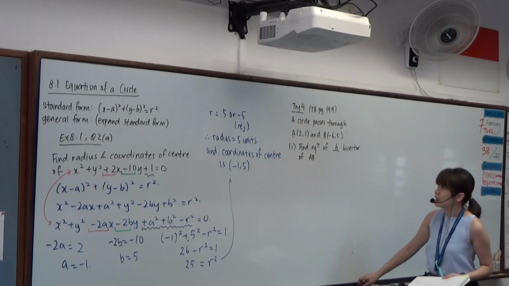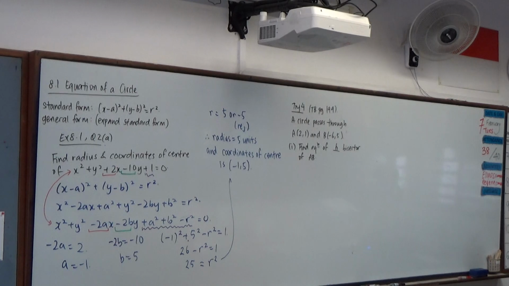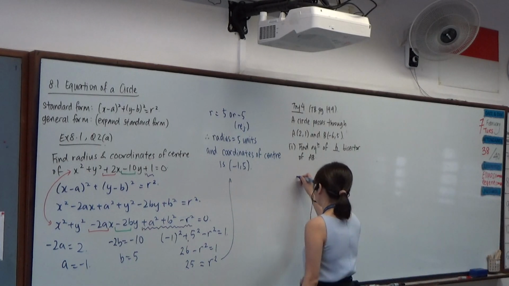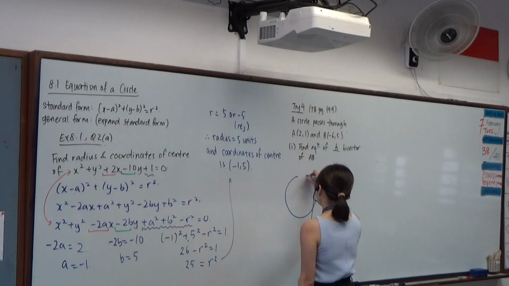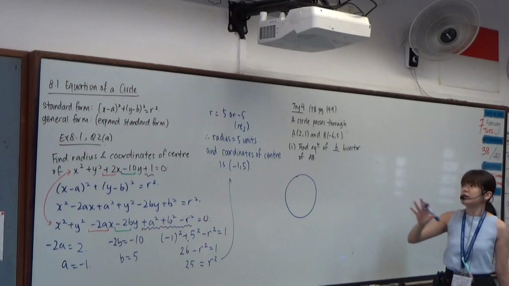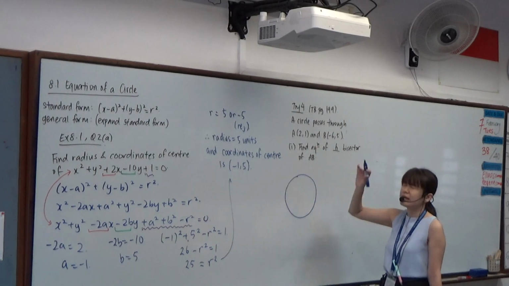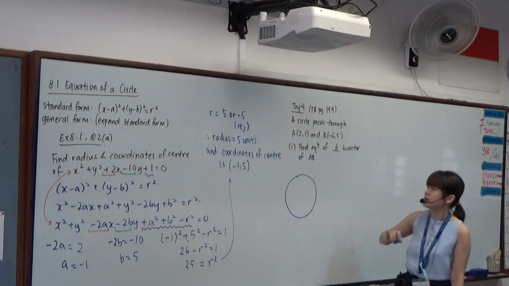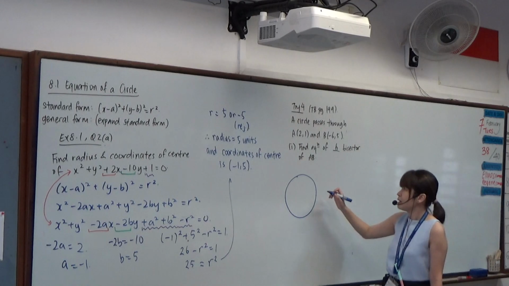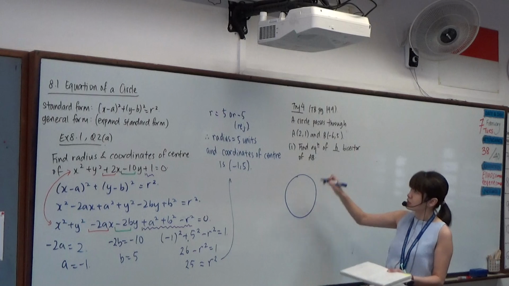Looking at try 4, it says that a circle passes through the points A (2, 1) and B (-6, 5). So draw out a circle. You need not have it perfect. Then roughly put in your x and y axes, and then put in the points A and B. If you find that it's too difficult, just a circle will do.